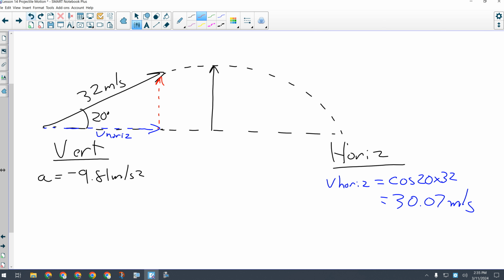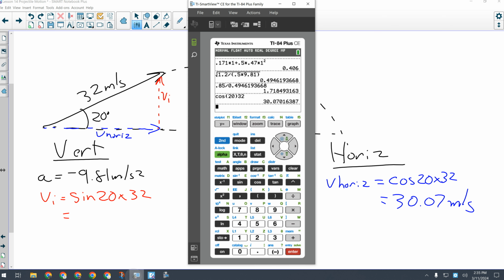So what I calculate here is the instantaneous initial vertical velocity of the car. So that's going to be VI. That's the opposite side. So sine of 20 times 32 meters per second. Just doing vector components like we would have earlier in the unit.